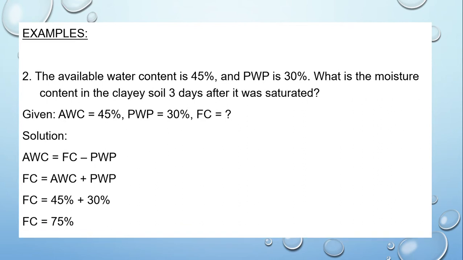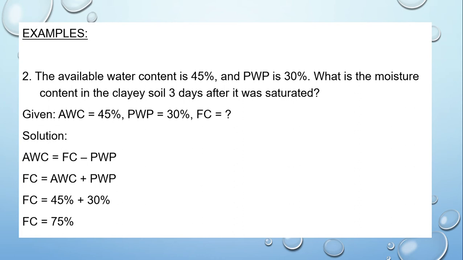Second example, the available water content is 45% and PWP is 30%. What is now the moisture content in the clay soil 3 days after it was saturated? As we have discussed earlier, after 3 days of saturation, the state of the soil, or the soil moisture characteristic, is the field capacity.